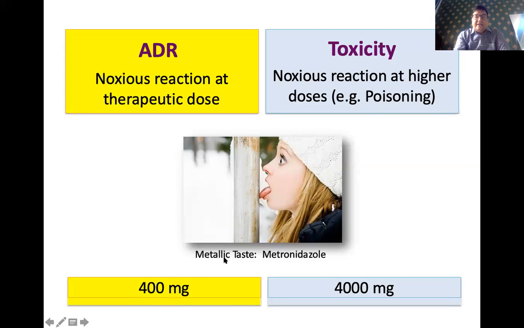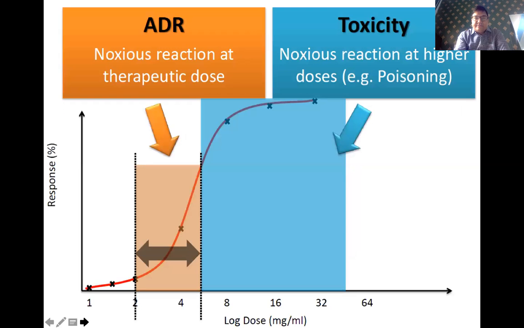If this metallic taste occurs by taking 400 milligrams, it is called an adverse drug reaction. If we have consumed 4,000 milligrams of metronidazole and have this metallic taste, it becomes toxicity. It is no more an adverse drug reaction.